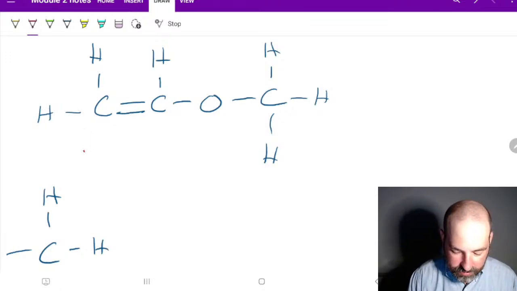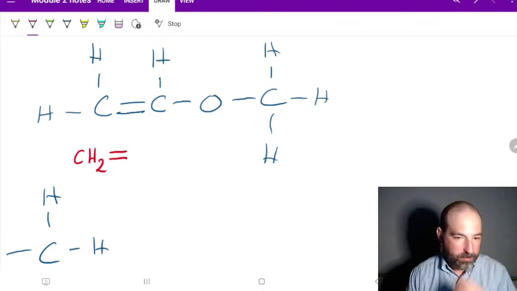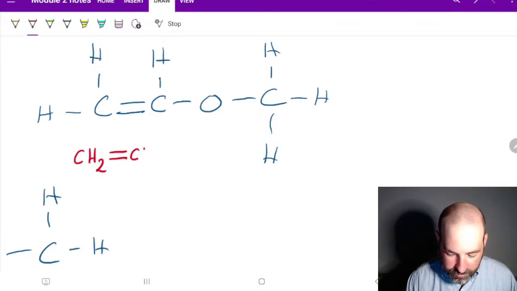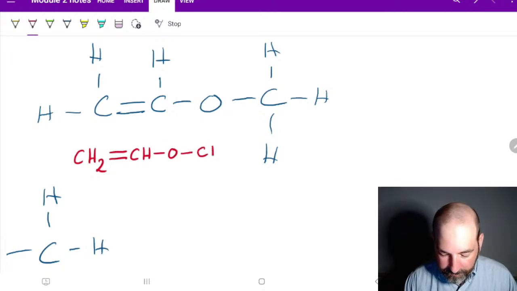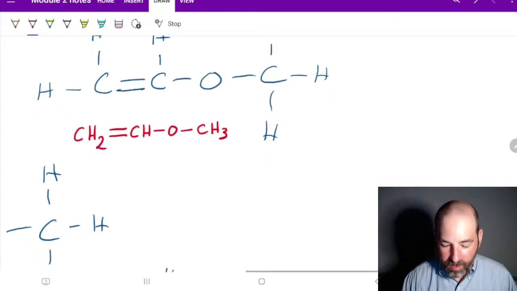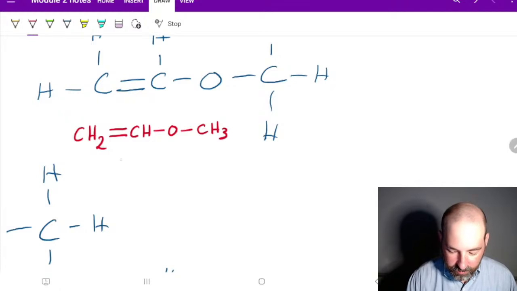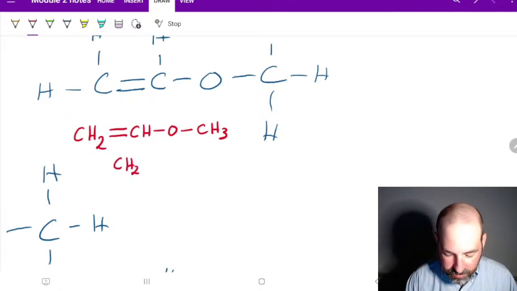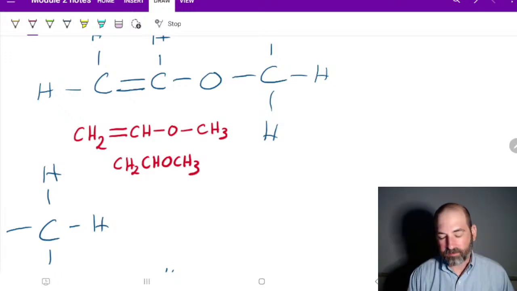So that's going to be CH2. Then we've got a double bond to CH, and then O, and then CH3. So that would be a condensed structure. And if we wanted to smush that down even more, we could just write CH2, CHO, CH3.